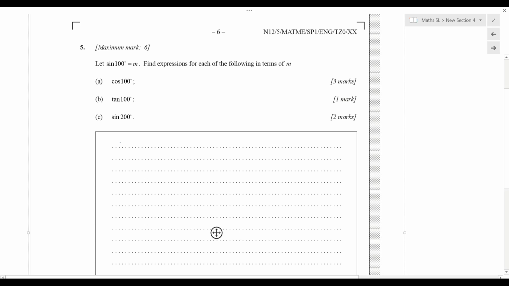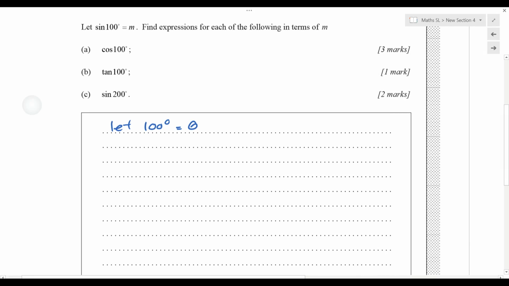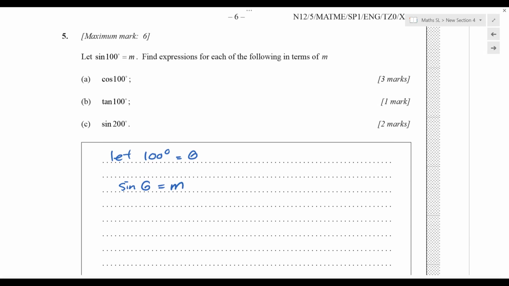Let's just say let 100 degrees equal theta first. Makes life a bit easier. So how does this work? Let's call it sine theta equals m. And remember, I drew that triangle earlier on. Sine theta is what?